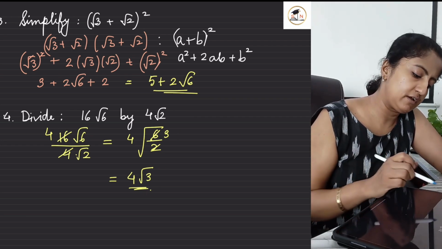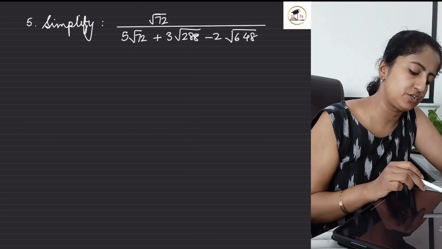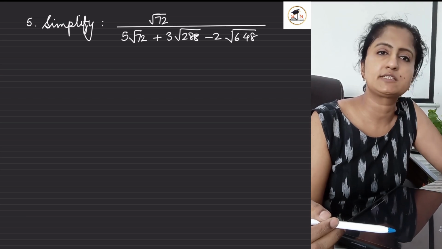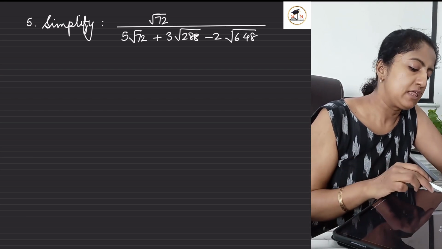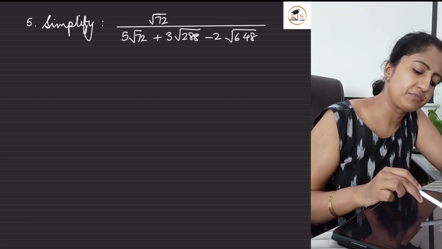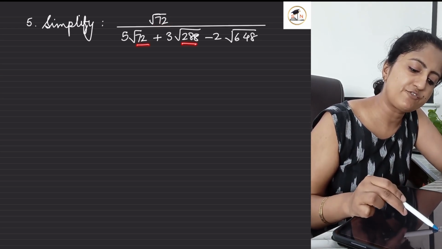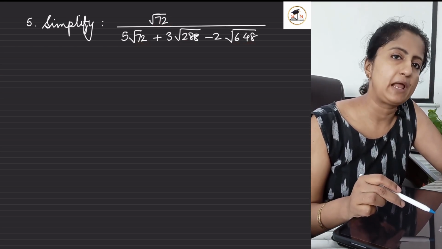Now, we will look at the complicated question, which is simplify. We have got a numerator, we have got various denominators, but the bigger thing over here is the roots that we have: 72, 288, 648. They are not prime numbers.